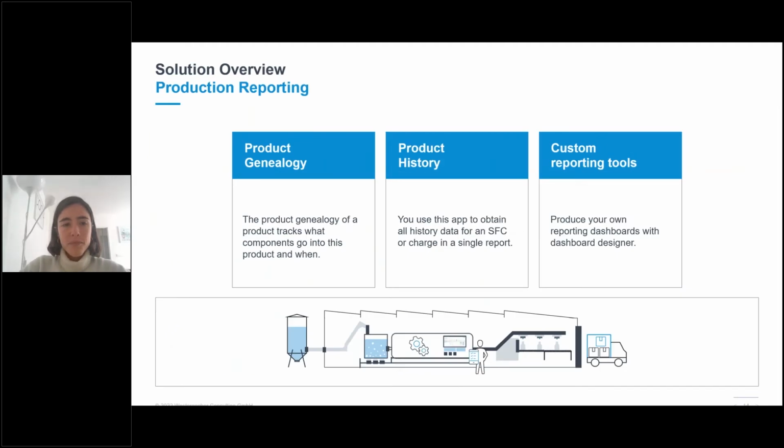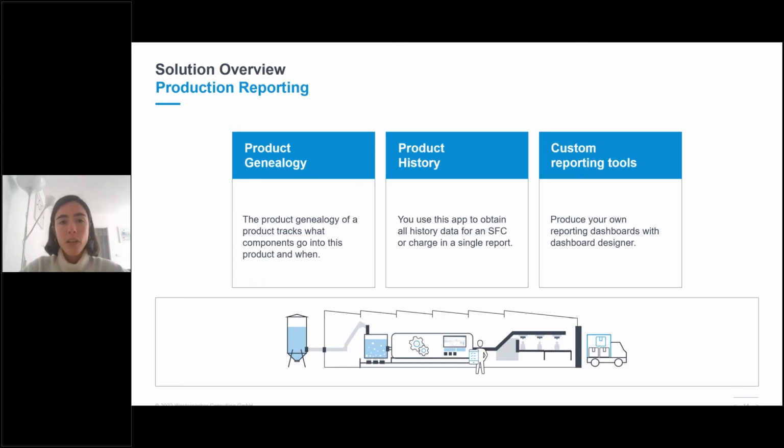So when it comes to production reporting, with the product history report and the product genealogy report, we can display the activity of a batch over time, and also the details of the data collected during the production process. So within these 2 reports, we can actually see what happened with our batch throughout the production process.